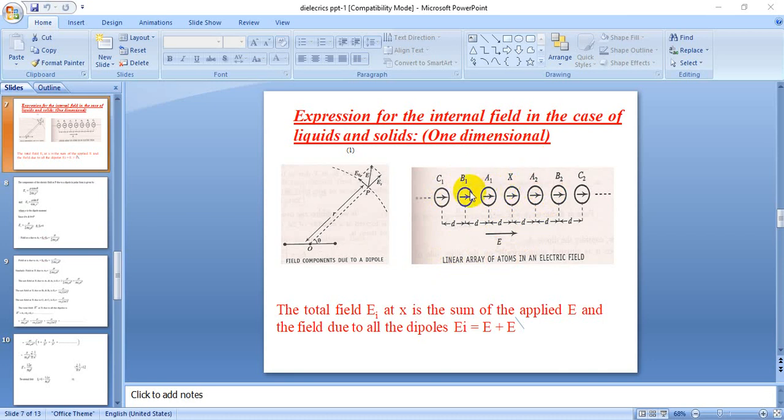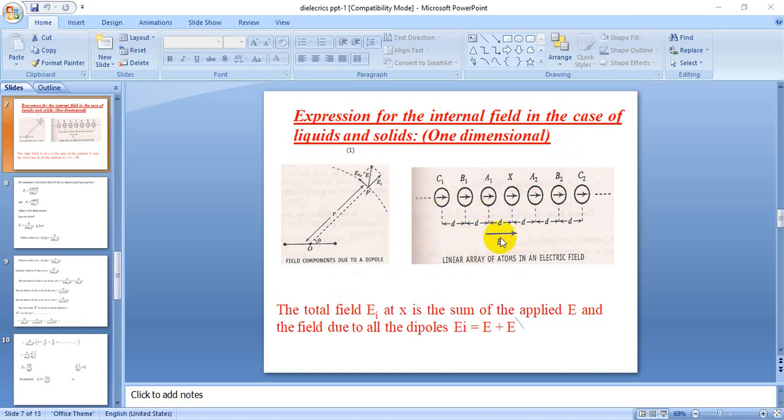A1, B1, C1 are the dipoles on the left hand side, and A2, B2, C2 are the dipoles on the right hand side. From the center to each dipole the distance is small d. Now we are going to separate this electric field.